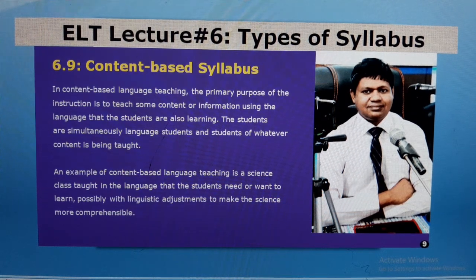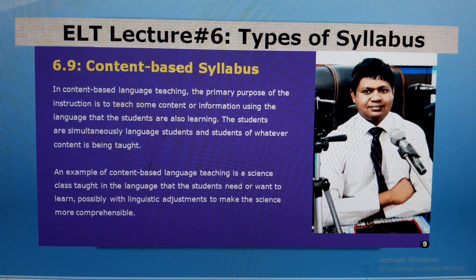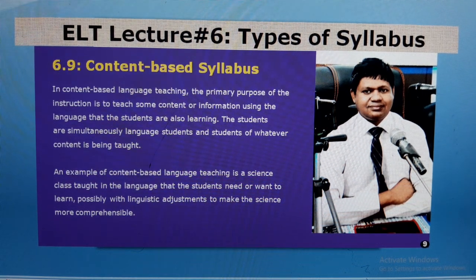Other types of syllabi. According to aims, purposes, targets and goals, there are two other major types of language learning syllabus. They are number 1, product-oriented syllabus, number 2, process-oriented syllabus.